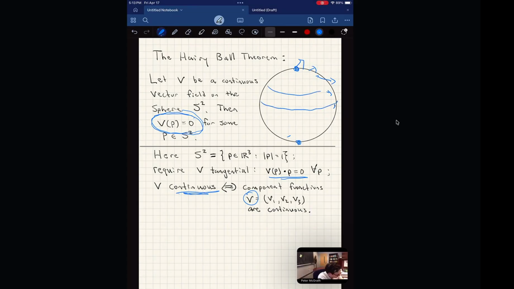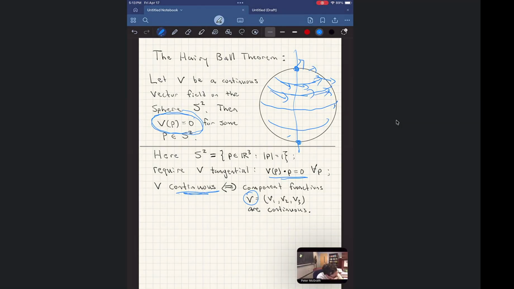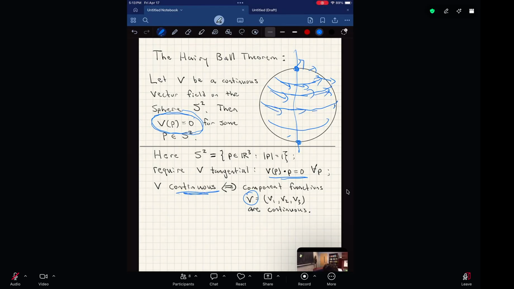So I'm going to draw a lot of blue lines, rotating the sphere about an axis, say, and then your vector field is just the tangents to lines of rotation. So you would have lots of blue vectors like this, but then your vector field vanishes here and here. So that's just an example of a vector field on the sphere.